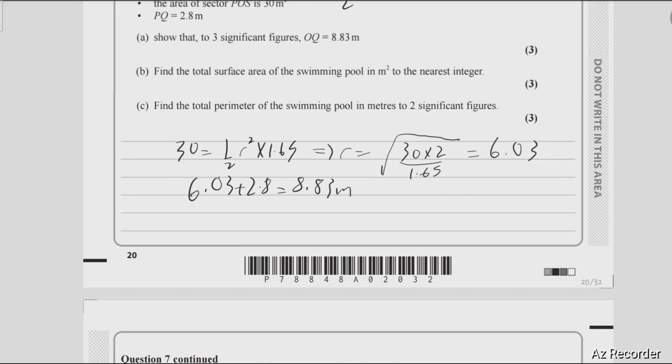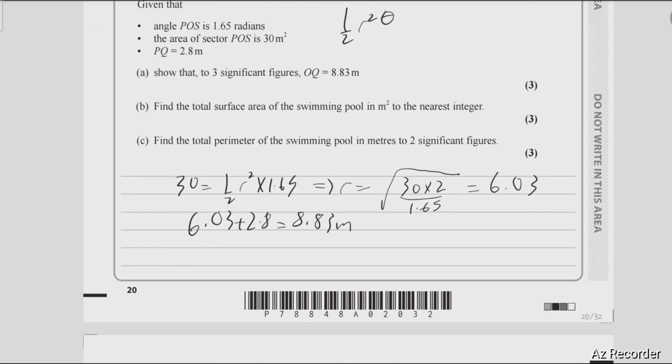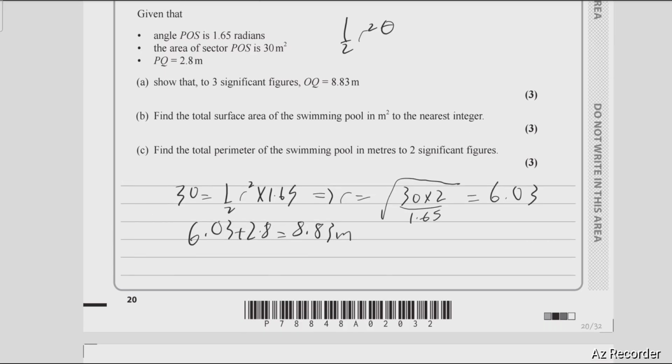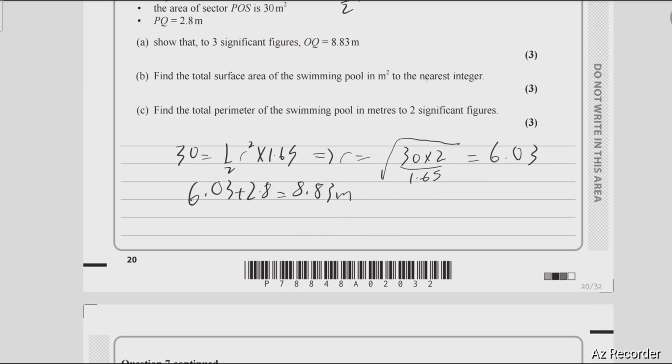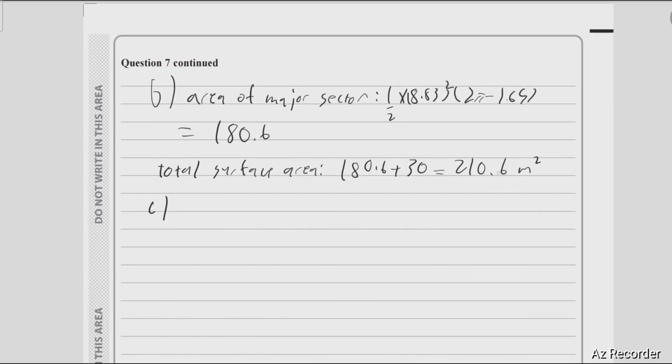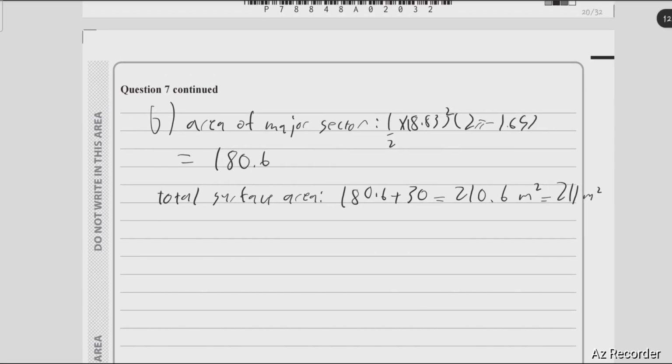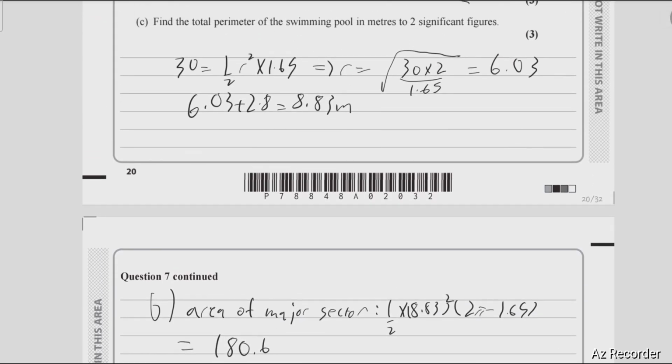C. Find the total perimeter of the swimming pool. Oh, wait. In question B it says nearest integer, so it's equal to 211 meters squared. You might lose marks if you don't round it.